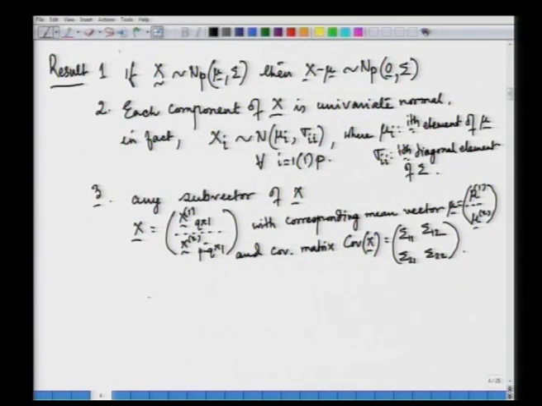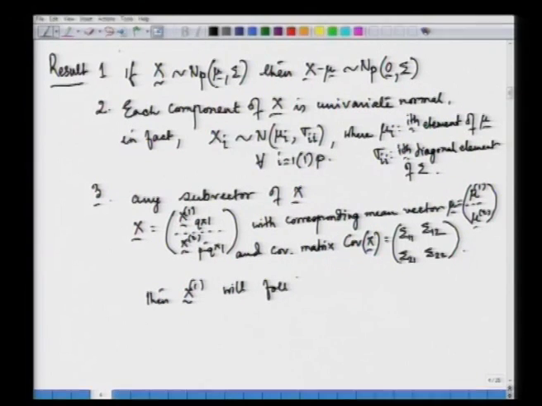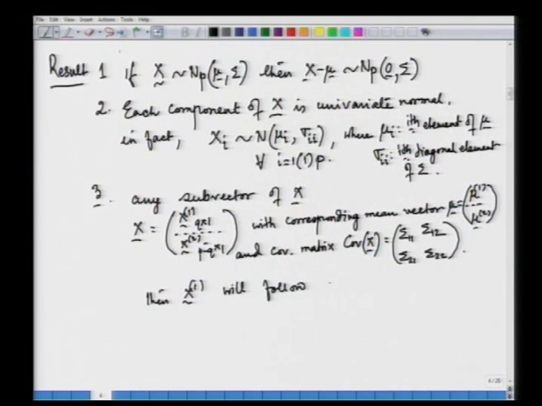So, if I consider x1, for example, it will follow a q-dimensional multivariate normal distribution. So, this is going to follow normal q with mean mu 1 and the covariance matrix sigma 11.